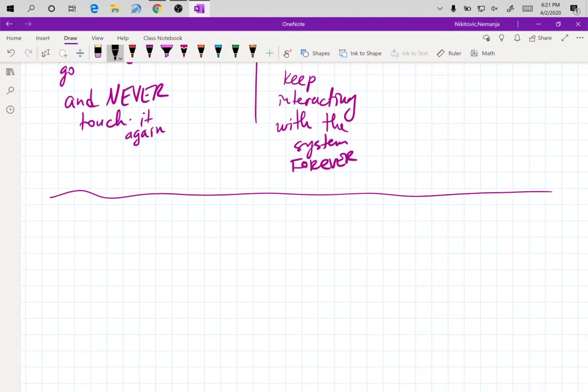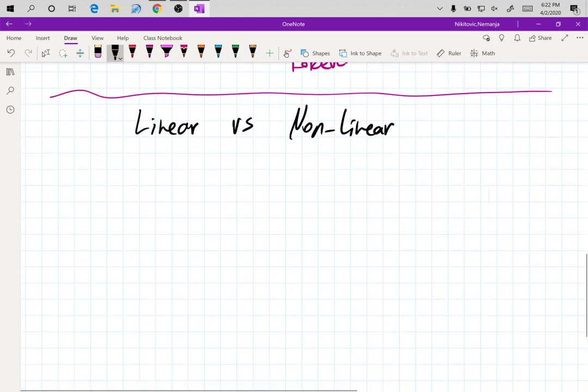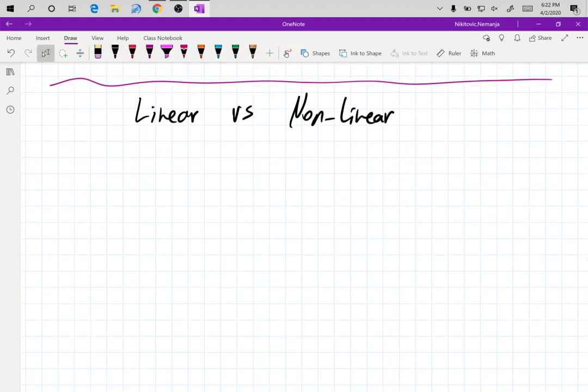And now the one that is the least fun for everyone, right, is linear versus non-linear. Okay, so you are all used to the word linear meaning y equals mx plus b, a linear line.